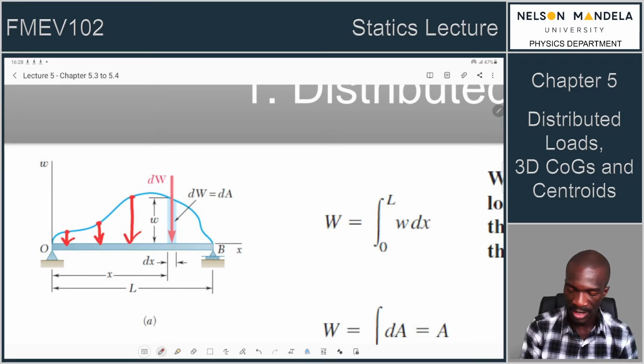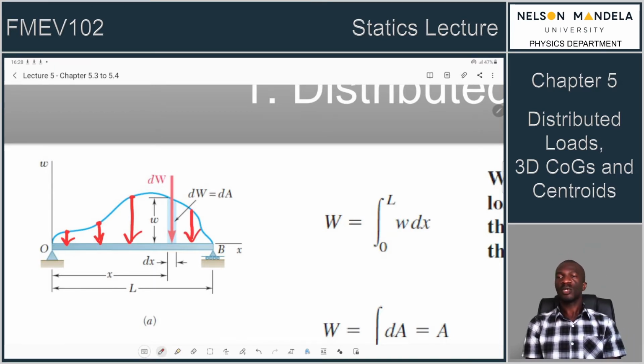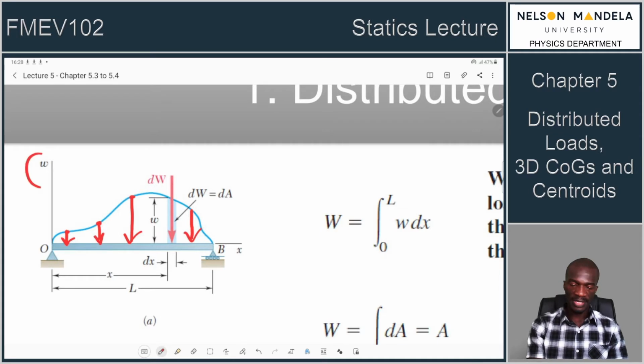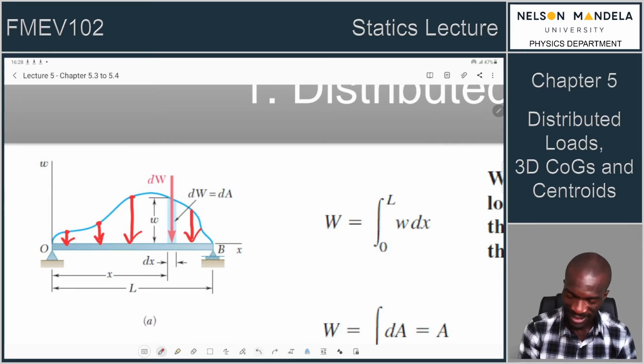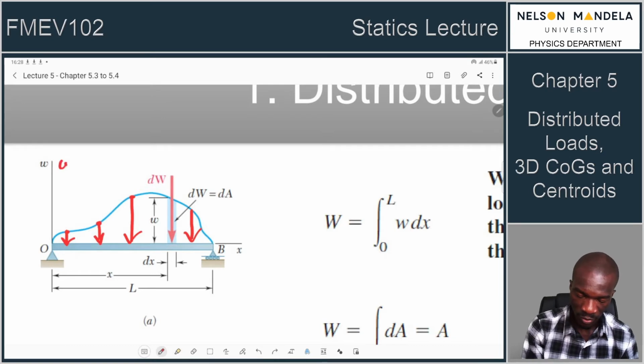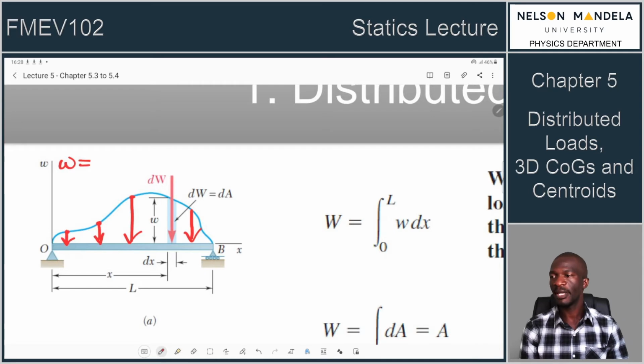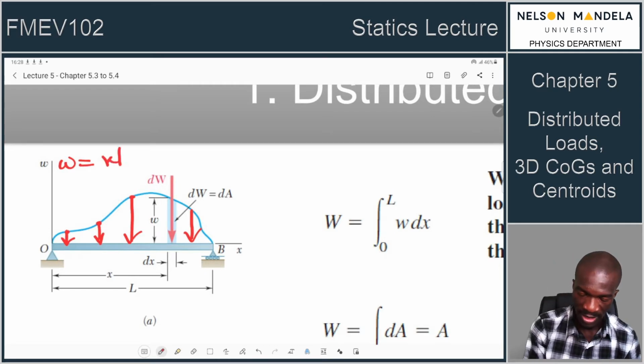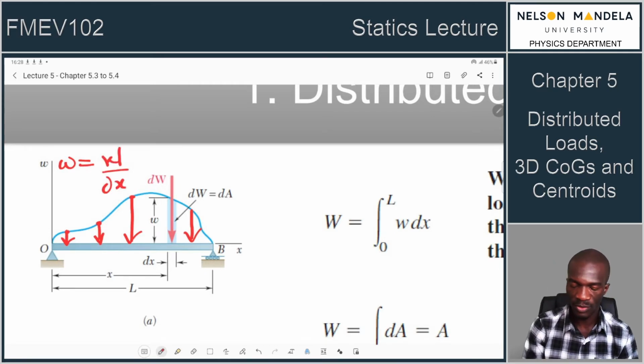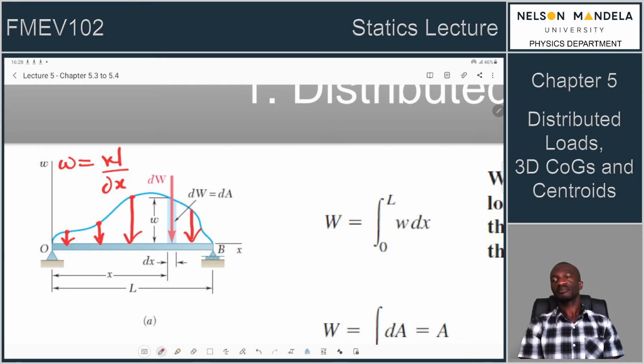Then the arrangement continues as such, so that in the end we can only describe the weight as a function of distance. So in actual fact, we have a variable called the weight, small letter w, the weight per unit length, which is basically the weight with respect to the length.